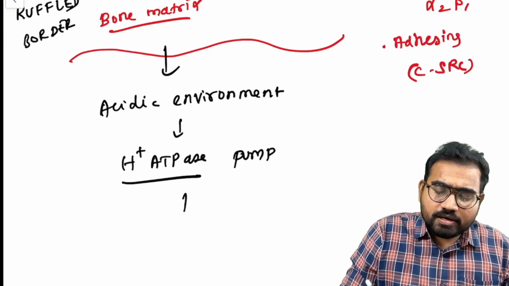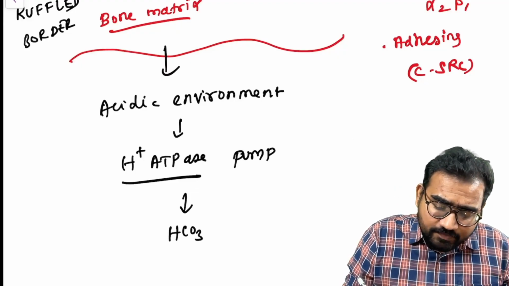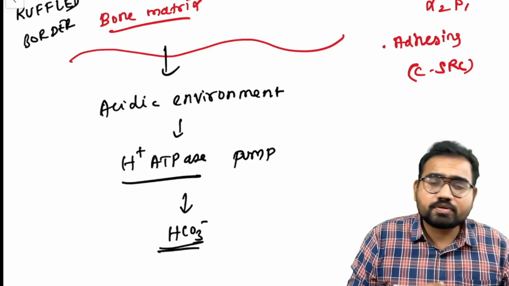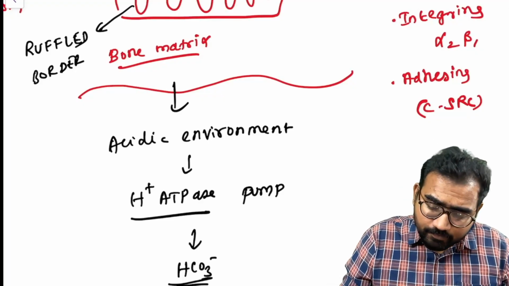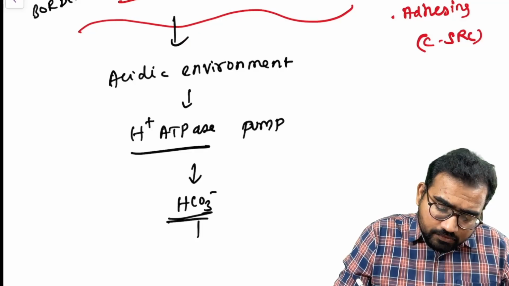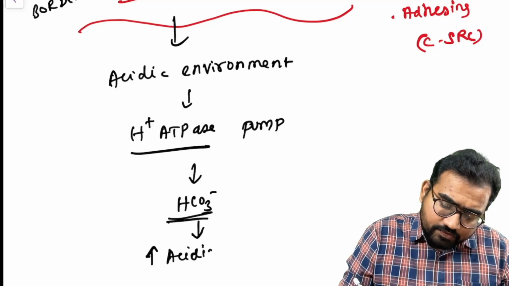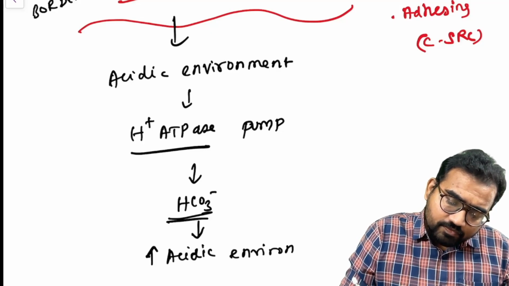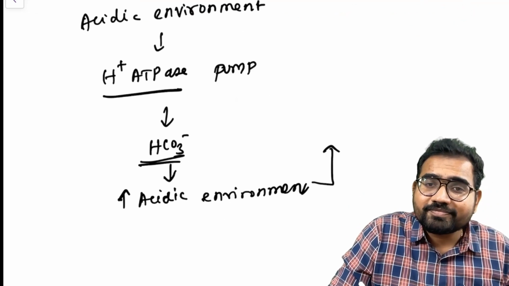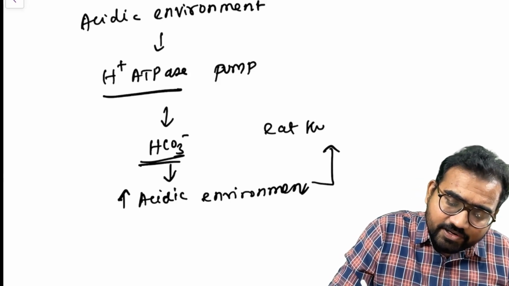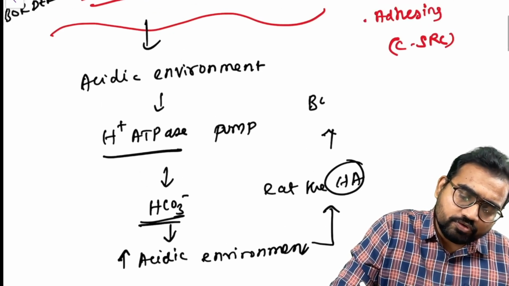There is going to be increased production of HCO3 minus, carbonate ions, and increased acid production, an increased acidic environment. This acidic environment is going to eat the hydroxyapatite crystals of the bone, and that is going to result in bone resorption.